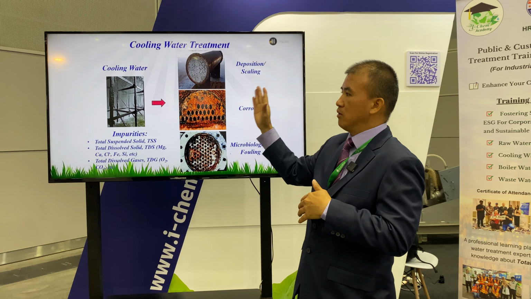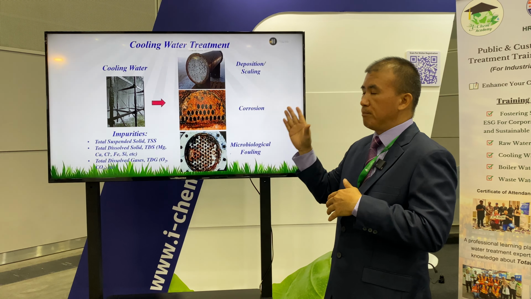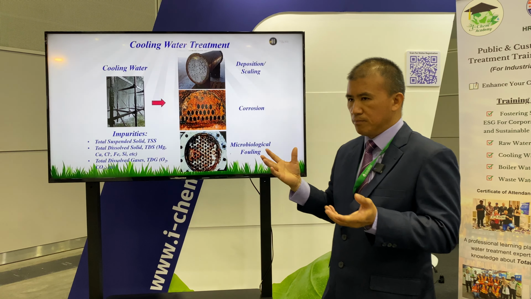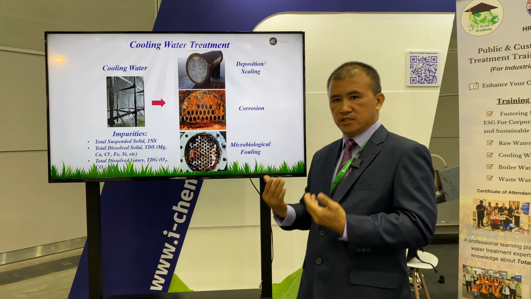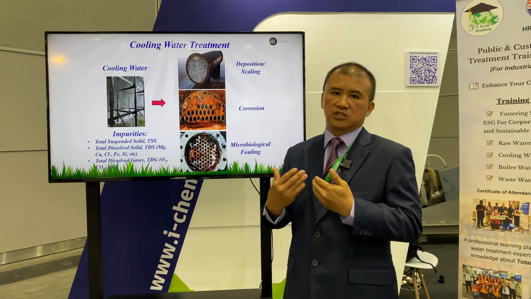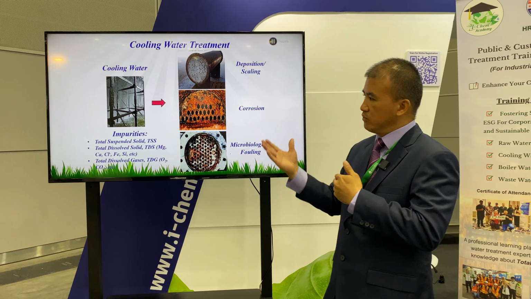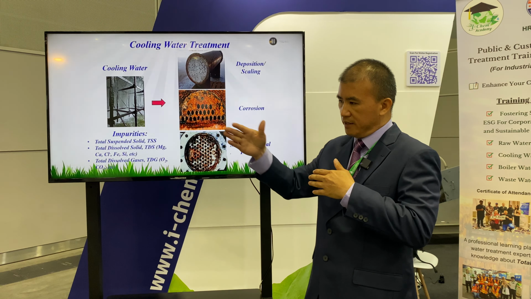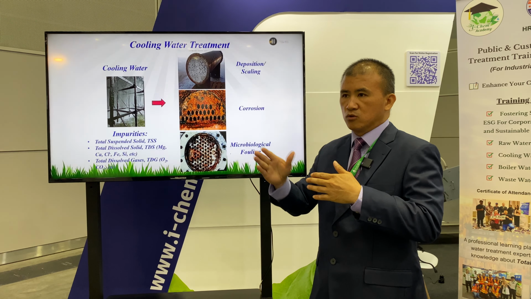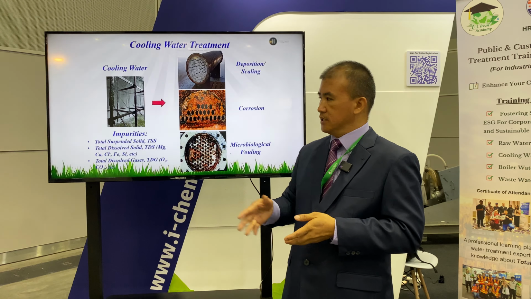This is the main problem. In the market, a lot of people do treatment, but how well are they doing? We are talking about efficiency, because in cooling water we are talking about mass transfer and heat transfer. If we don't treat properly, the heat transfer will definitely go down, and the heat cooling process will be affected.